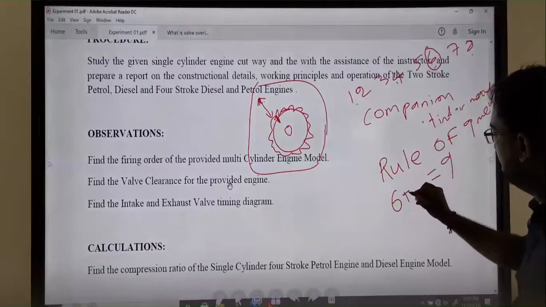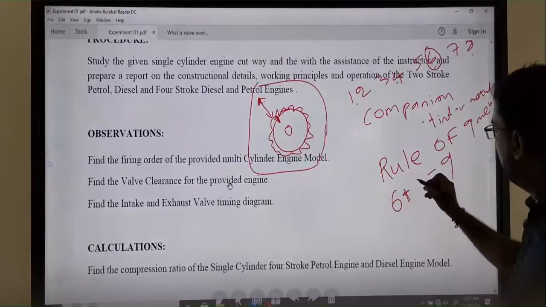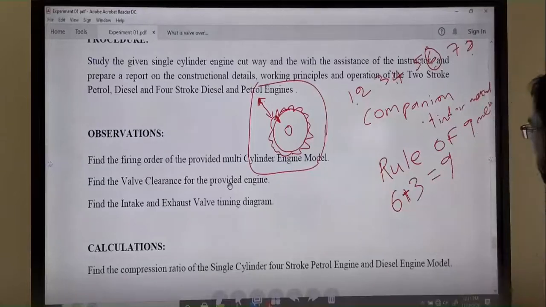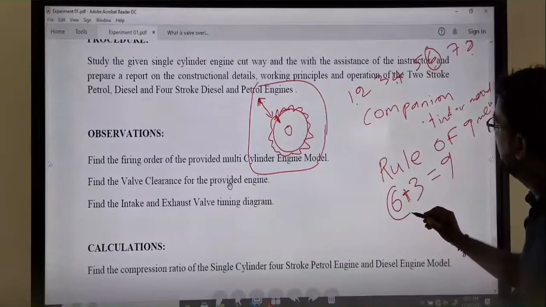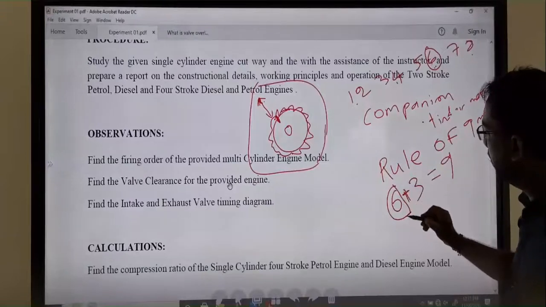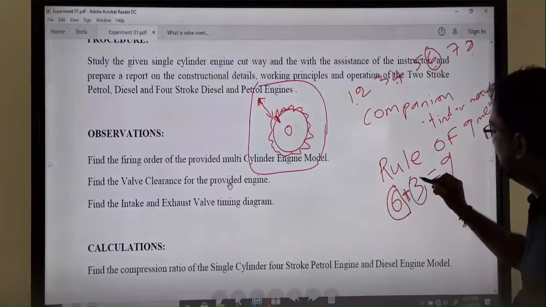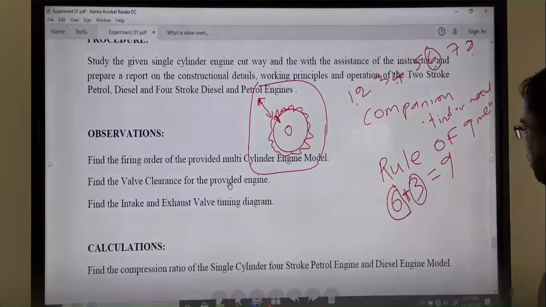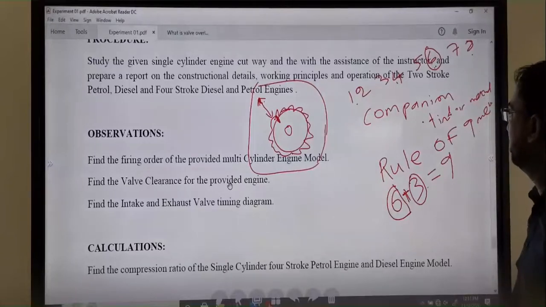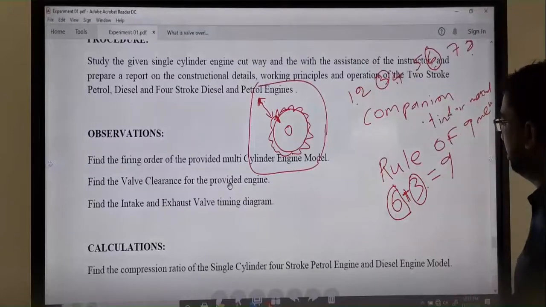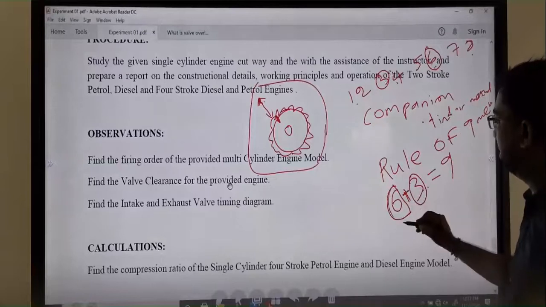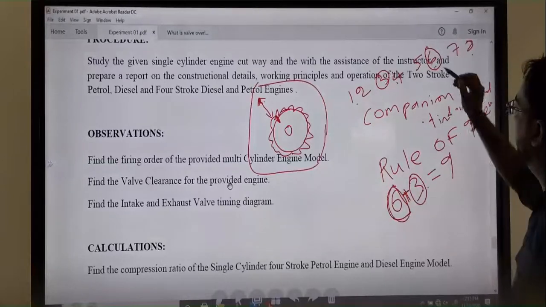So how do we do it? We add the numbers. So when the 6 valve is open, we can adjust the third valve. When this third valve is open, we can adjust the 6th valve.